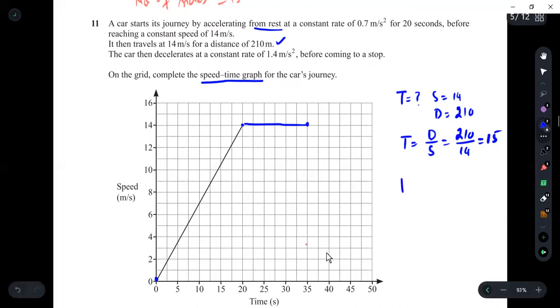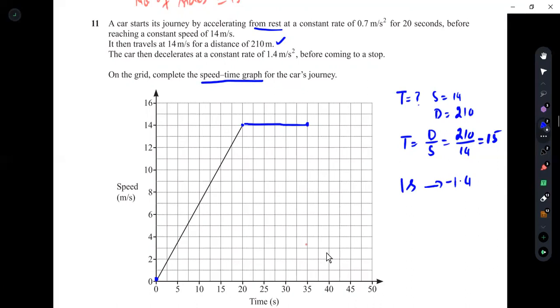So in 1 second, the speed will decrease by 1.4 meters per second. Acceleration and deceleration is how much change in the speed per second or per minute or per unit of time. In this case, in 1 second, the speed will reduce by 1.4.